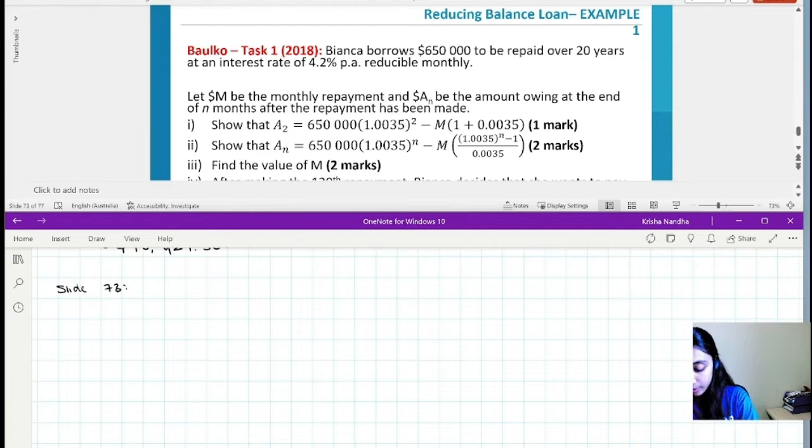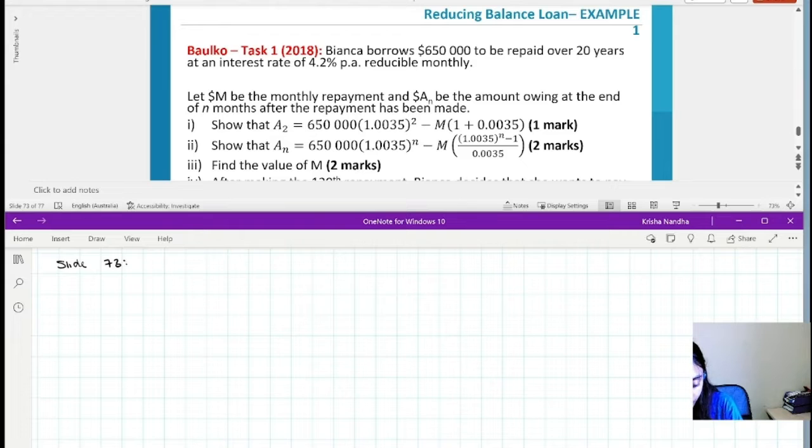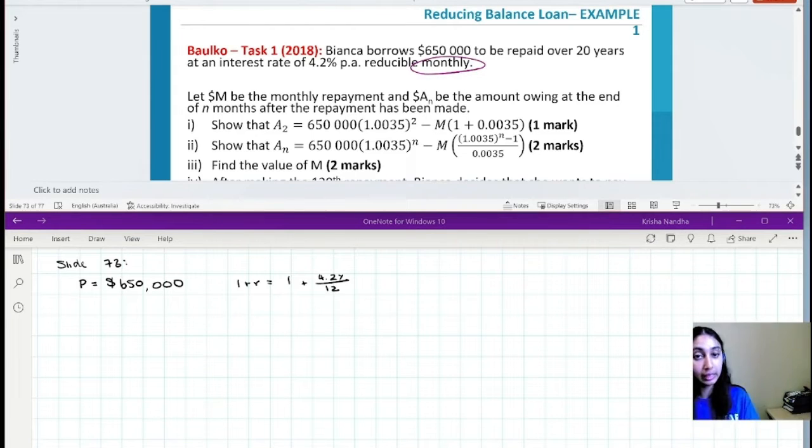So the very first step is to just take a look at all of our variables first, right? Our principal is $650,000. Our interest rate, so the 1 plus R part, will be equal to 1 plus 4.2% on 12 because it's compounded monthly.